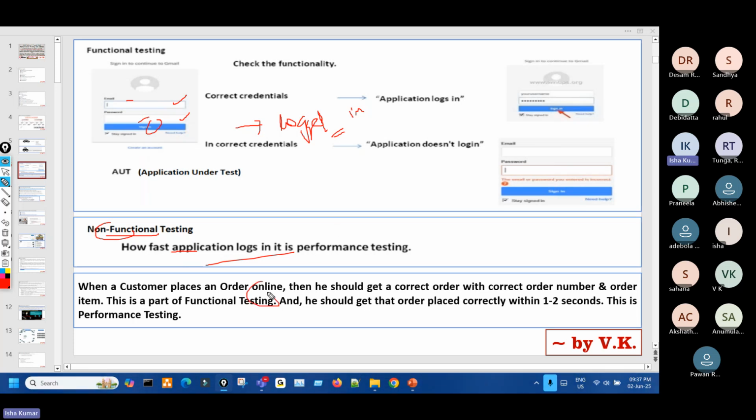Suppose a food booking application or anything you take, whatever the activity that you do, how responsive and how fast it is, and with how many users it supports. Take Zomato or Swiggy: you will be checking each functionality, the add to cart button, plus, minus, and whether it is working fine or not, like the Teams meeting link working now.